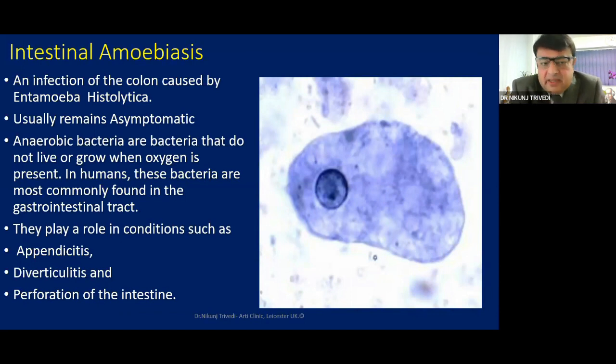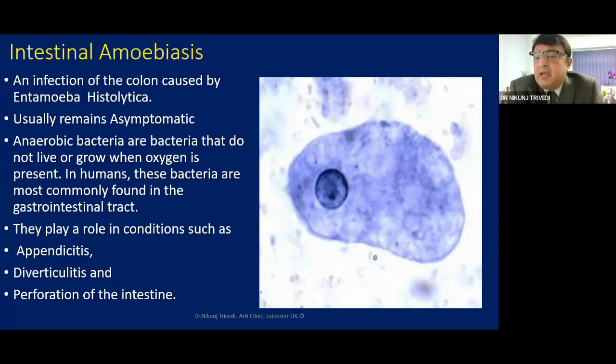It's anaerobic, it does not live or grow when oxygen is present. So it lives and grows in the absence of oxygen. That's why it is called anaerobic. Most commonly found in the gastrointestinal tract. When it is asymptomatic, it is considered a commensal.